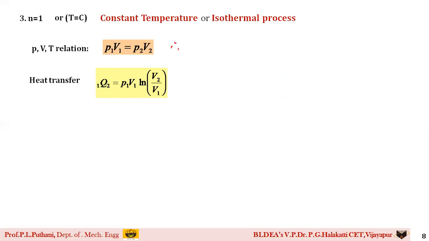I can write it in this form also, students: V2 by V1 is equal to, according to this expression, P1 by P2. So these volume ratios, I can replace in the form of pressure ratios also. So how can I write? Let us see here.